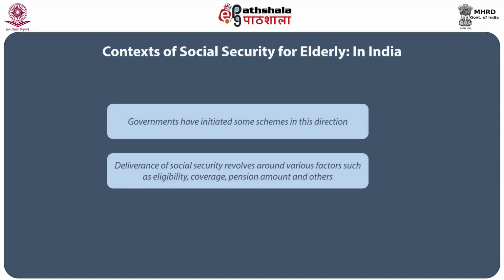Like a few other developing countries, the Government of India as well as the state governments have undertaken some initiatives in this direction. Presently, the debate on provision of social security to the elderly revolves around the eligibility, coverage, pension amount, appropriate form of assistance to the elderly, food or physical assistance or monetary help, delivery mechanisms, their suitability, and the economic implications of such measures.